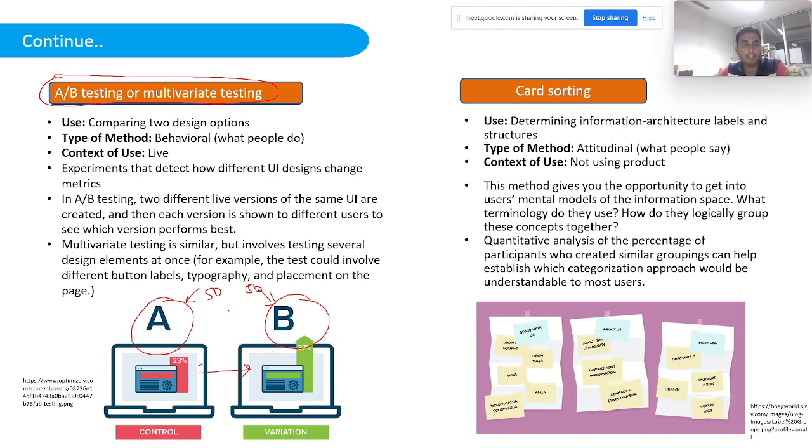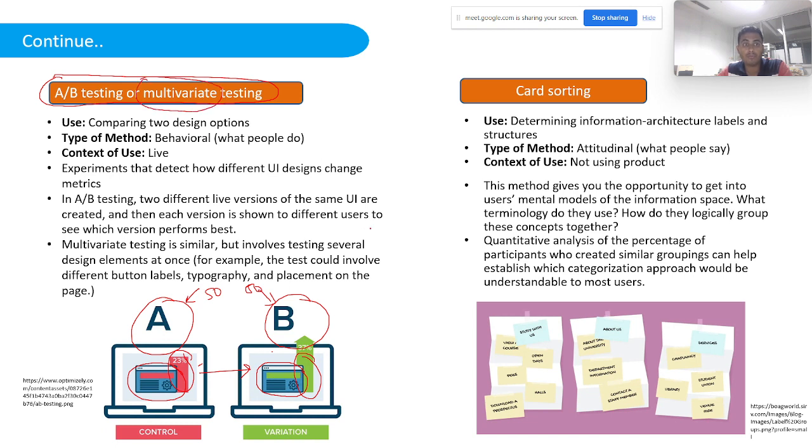So basically, which particular feature people like. Okay. So basically, here we try to compare how people find a particular feature among these two particular designs. Okay. So this is to evaluate a better user interface by comparing the various features. So when we are comparing various features, that means it's a multivariate testing.